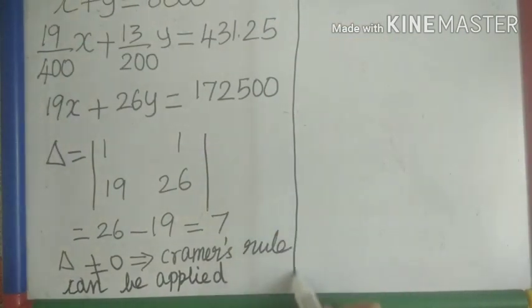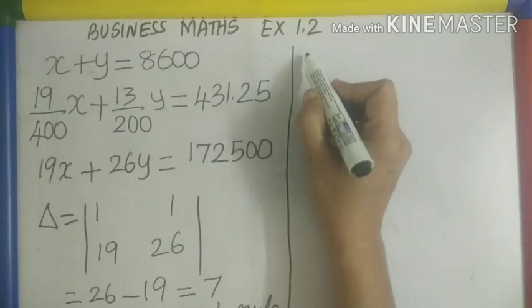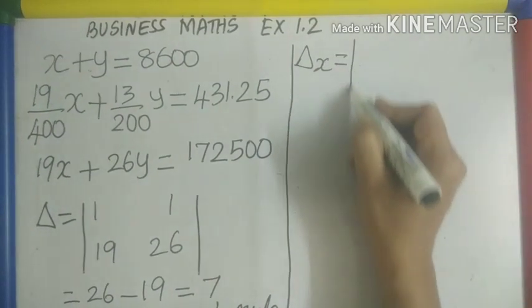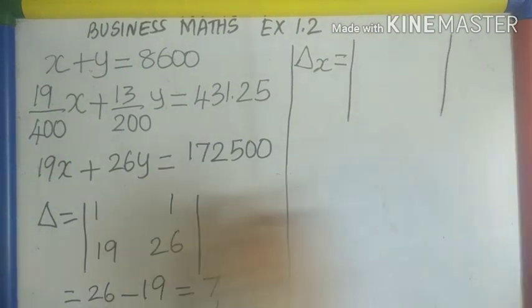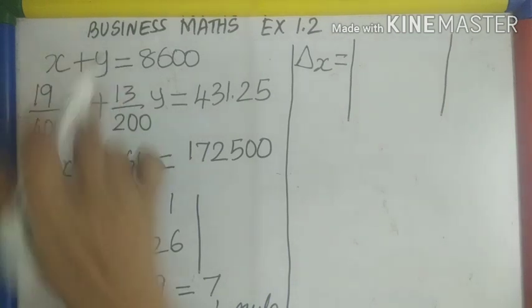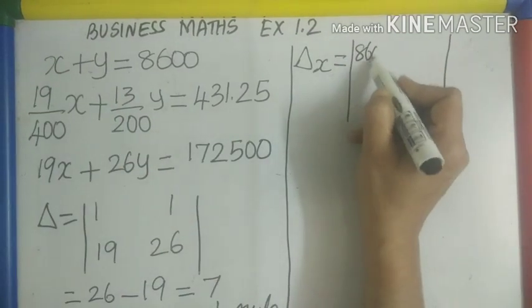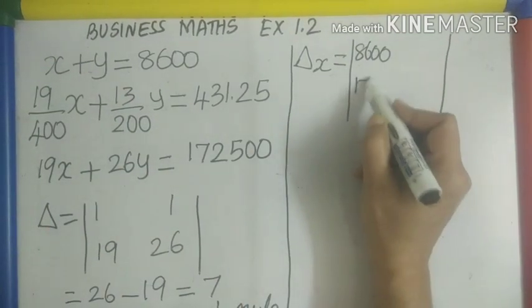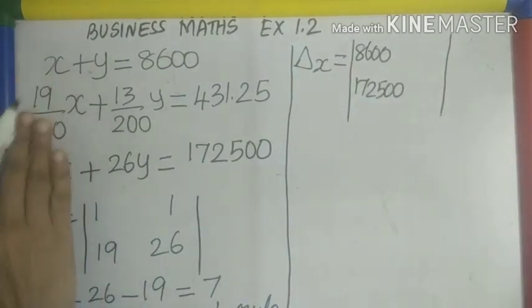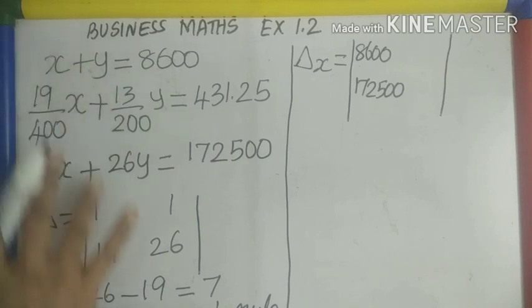Now the second step, we are finding del x. So del x is equal to, instead of x coefficients, I write the right hand side. What is the right hand side? 8,600 and this number 172500. And y numbers we can write as it is, 1, 26.